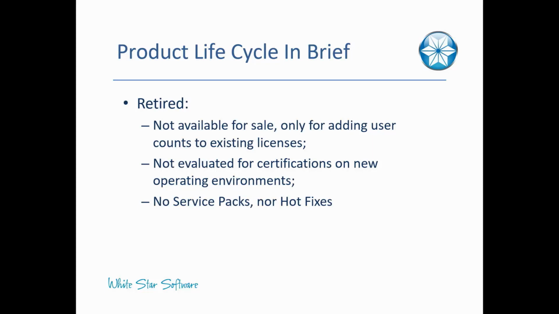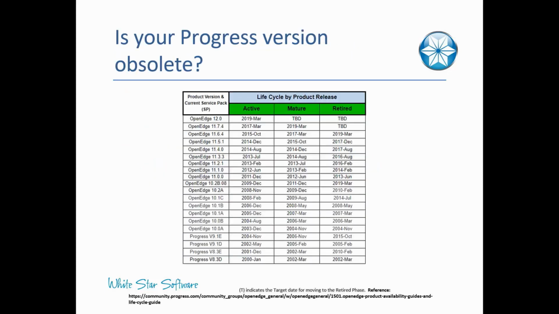One other thing that's not mentioned here: Progress often issues new service packs, so generally the previous service pack is considered retired. For example, if you're using, I don't know, 11.7.3, then it's a retired version.